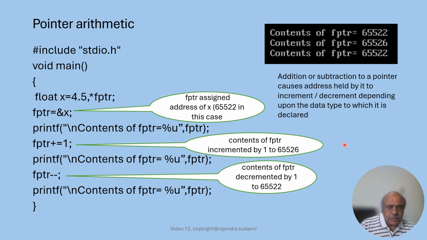In case of an int pointer, when it is incremented by 1, it starts holding the address of the next int, which is 2 bytes away. So it increments by 2 bytes. In case of char, it will be incremented by 1 byte.